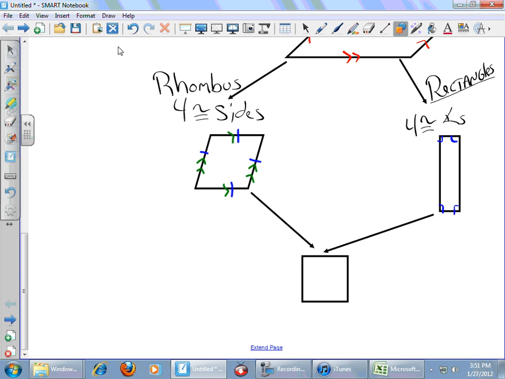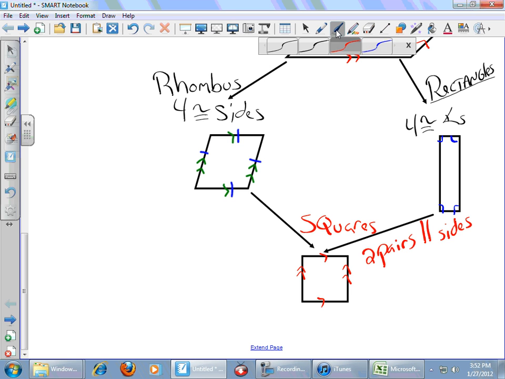Why is it the square? The squares show up right here, squares. Because squares are parallelograms. They have two pairs of parallel sides, right? So they have two pairs of parallel sides, like all parallelograms do, okay? But they also have all four sides congruent, just like the rhombus, four congruent sides.